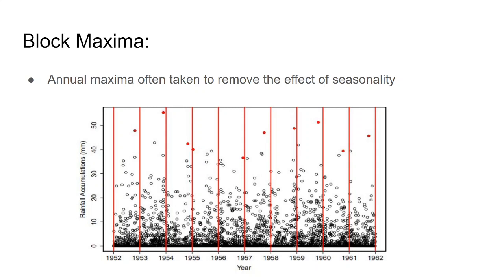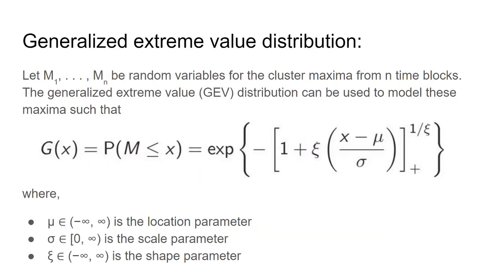Okay. So after picking up the maxima from each of those blocks, we fit those maxima to the generalized extreme value distribution. Talking about the generalized extreme value distribution, it goes like this. Let's say we have M1, M2 up to Mn random variables for a cluster of maxima from n time blocks.